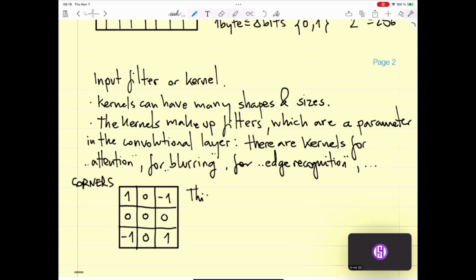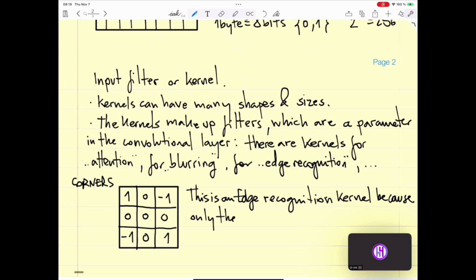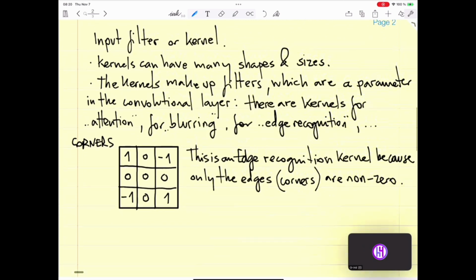This is an edge recognition kernel because whatever it looks at, it will multiply by 0, and it will only multiply by 1 or -1, leaving it exactly the way it is, in the corners of the kernel. So this is an edge recognition kernel because only the corners are non-zero. How do we apply it?